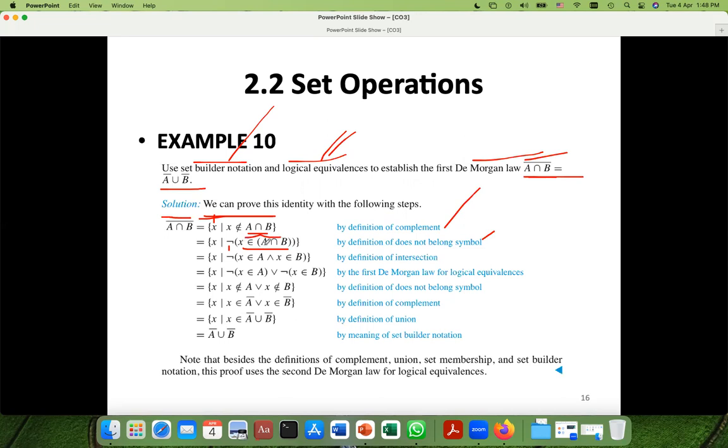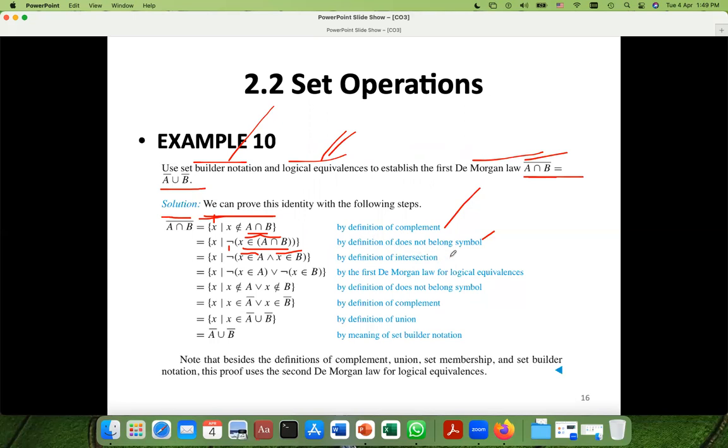X belongs to A intersection B, so whatever elements I have are the common elements that exist in A and also exist in B. So I am just writing that X will exist in A and also X will exist in B. Nothing else. I am just opening the definition of this intersection.